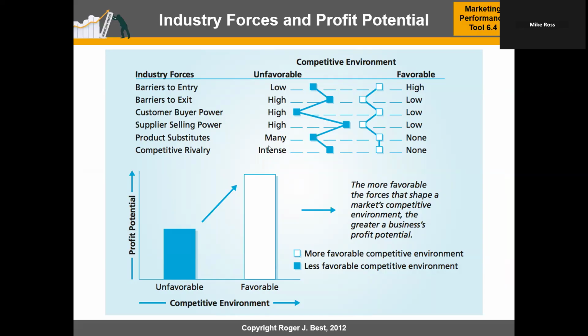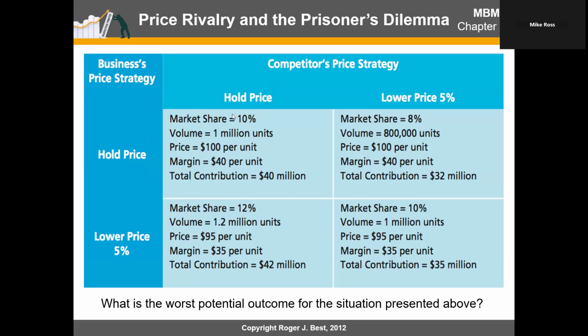Is it more intense versus less intense? Then I've got to determine, am I going to lower my price? Am I going to hold my price? And all of these different elements are going to have a determining effect on my ultimate price decision. Again, this is where having a mathematical background in marketing really helps.